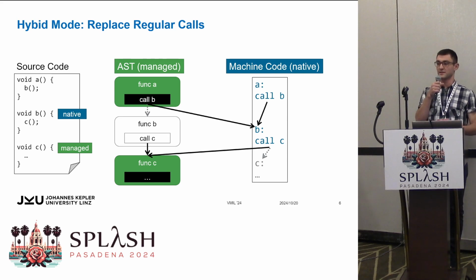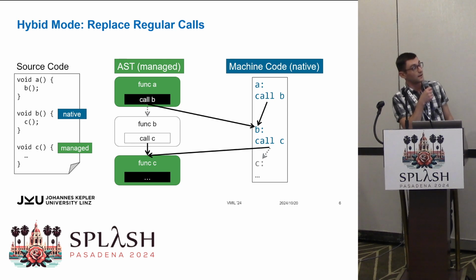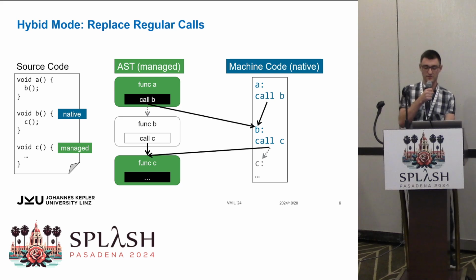And if we want to execute C on the managed side, we also have to forward the call from the native side to the managed AST node. The modifications on the native side were not there last year. This is an extension we had to do for the automated approach, and they are also platform dependent.